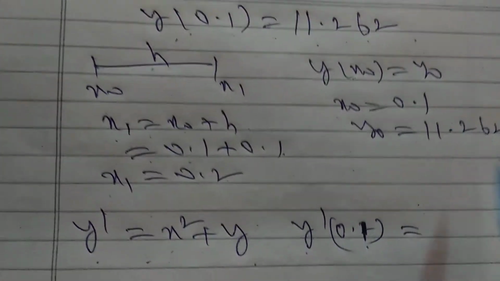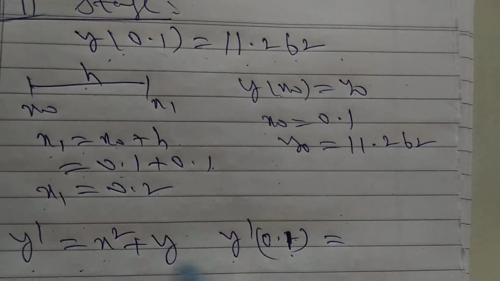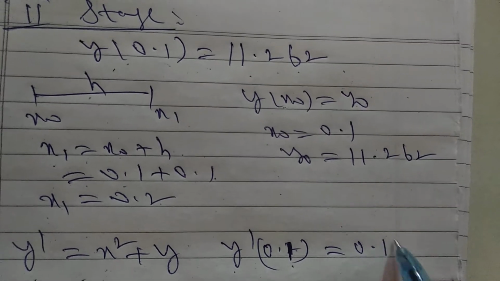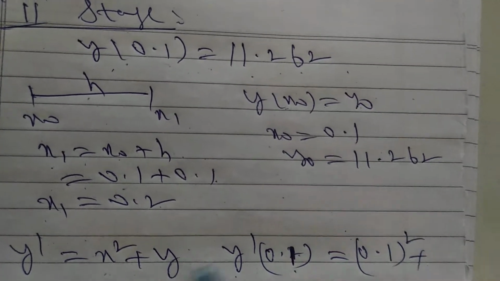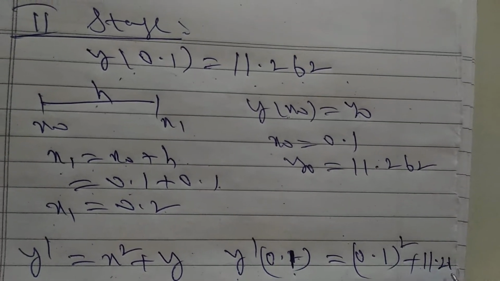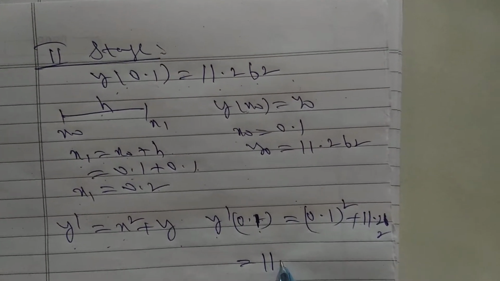What is the value for x naught? X naught is 0.1. So that is equal to x naught square, 0.1 whole square, plus y naught. Y naught is equal to 11.262. So simplify, we will get 11.062.